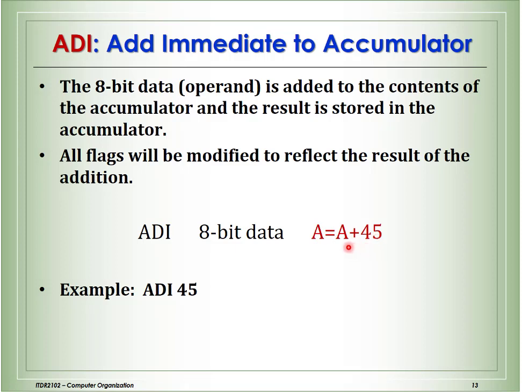The 45 will be added to the content of the accumulator and stored in A. Also remember here that all flags will be modified to reflect the result of the addition. So the carry, sign and other flags will have their status changed when the addition executes.